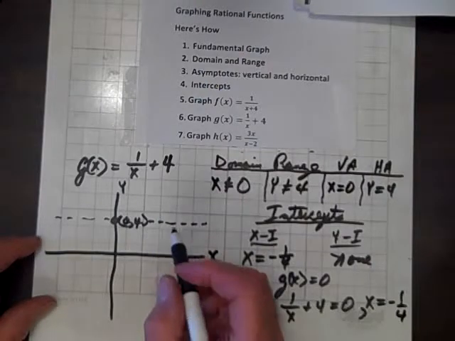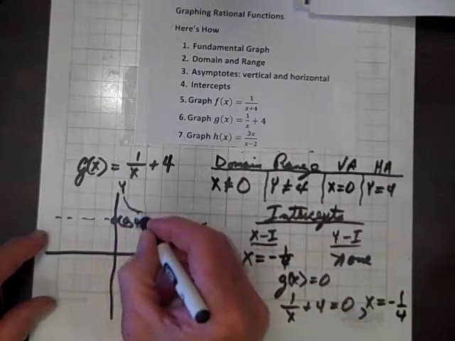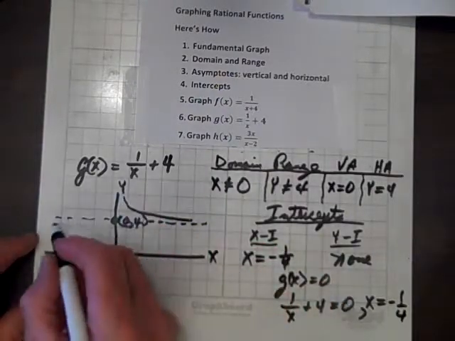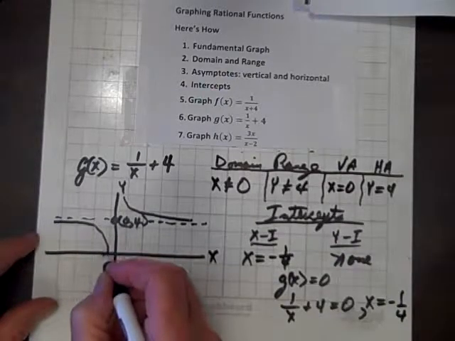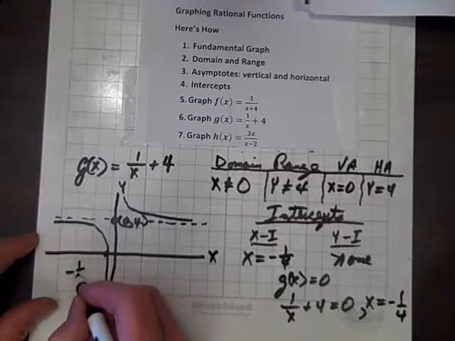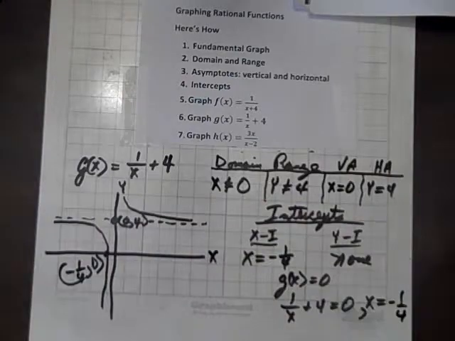And now the shape remains the same. It's simply been moved up, and there's our horizontal asymptote at 4, vertical asymptote at 0. And our x-intercept is at (-1/4, 0). And we're ready to move on.